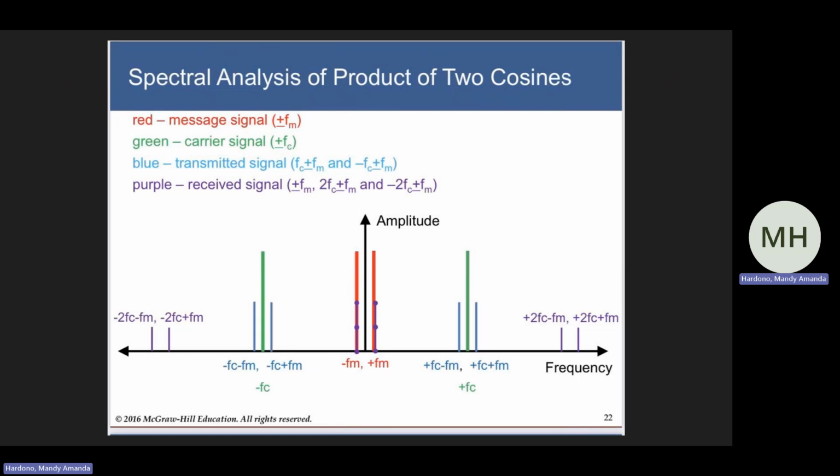For the transmitted, you have 4 different values. For the received, you have 6 different values. You just use the information given about the message signal and the carrier signal to make those computations. It's very easy, just addition and subtraction of different signals.